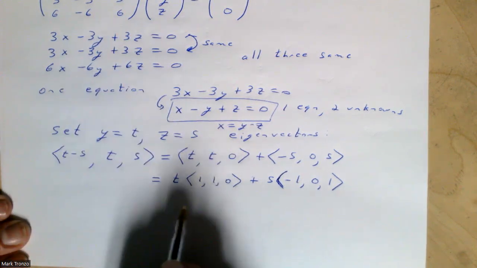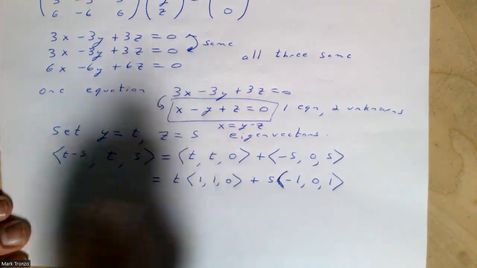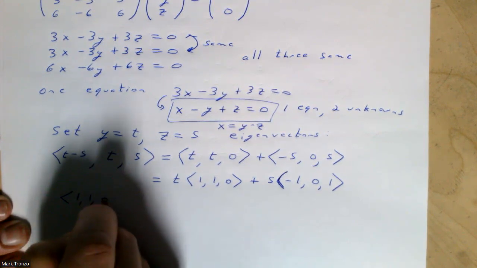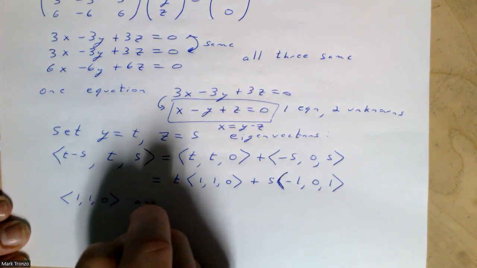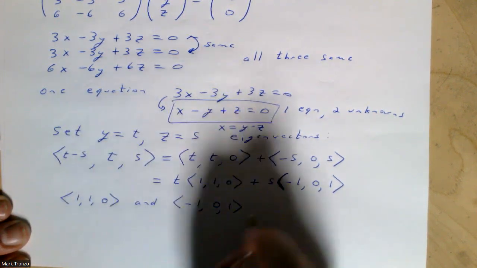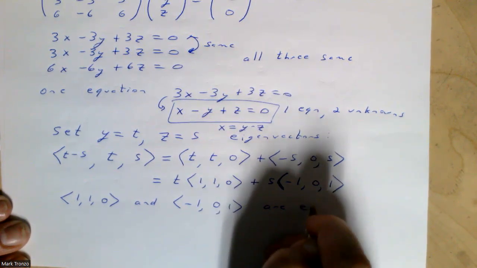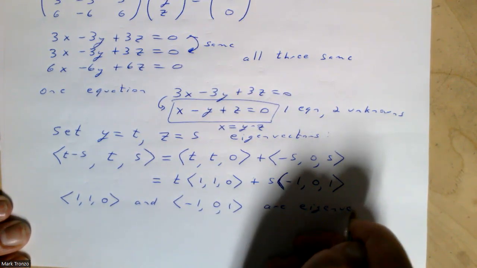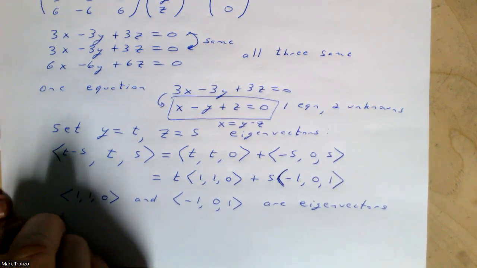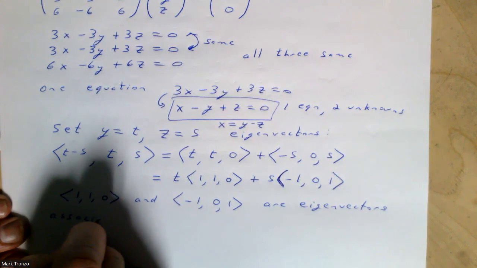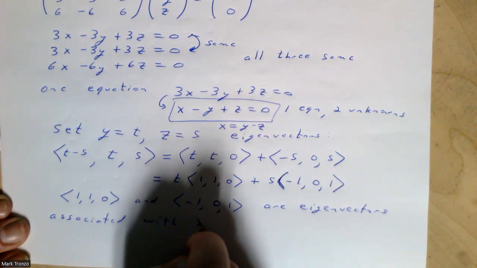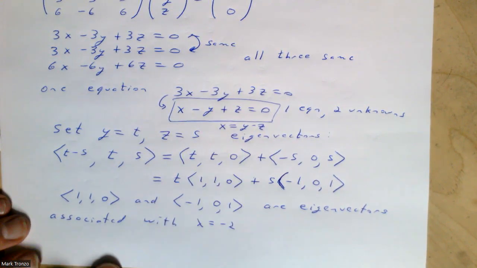So again, you could say 1, 1, 0 and minus 1, 0, 1 are eigenvectors associated with lambda equal minus 2.